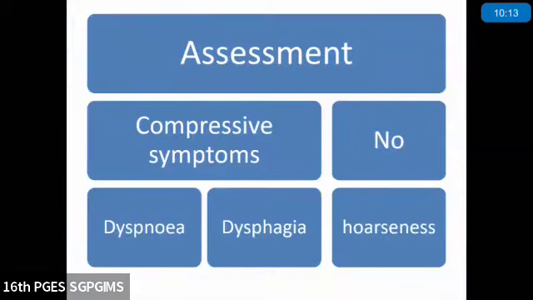So while assessment, we should focus on any symptoms which are causing compression like dyspnea, dysphagia, hoarseness, which should alert us for the possibility of difficulty in managing the airway. So patient might lose the airway if we induce the patient due to loss of tone.